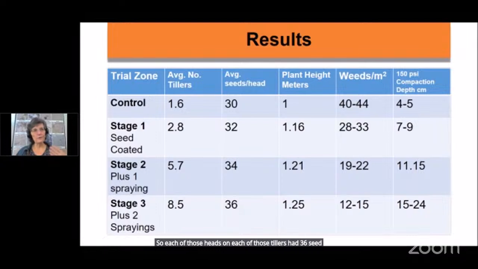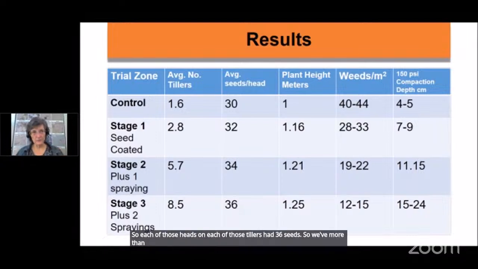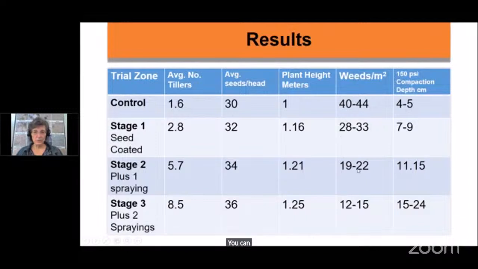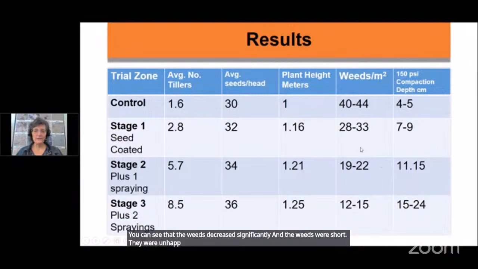So we've more than 100% increase in yield with the full complement of applications. You can see that the weeds decreased significantly, and the weeds were short. They were unhappy. They were unhealthy in these treatments. Well, they were fully healthy. And so, of course, you're not going to get as much yield.